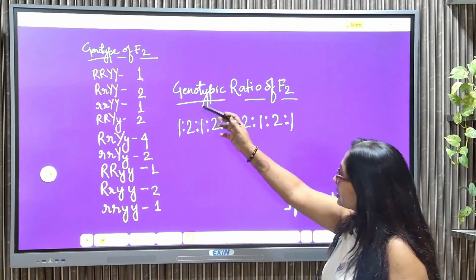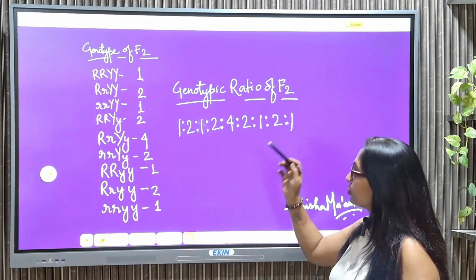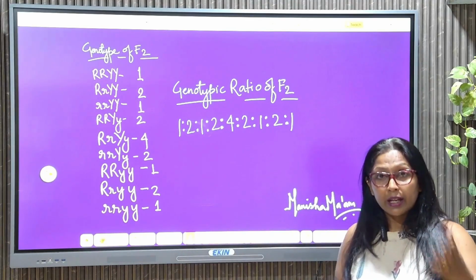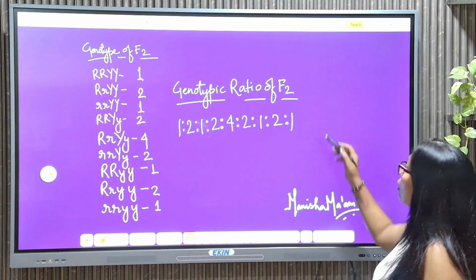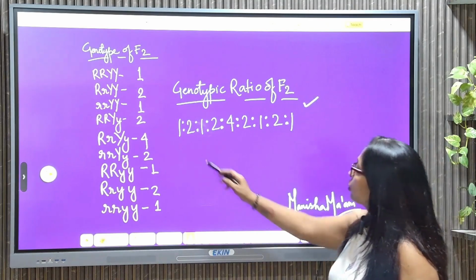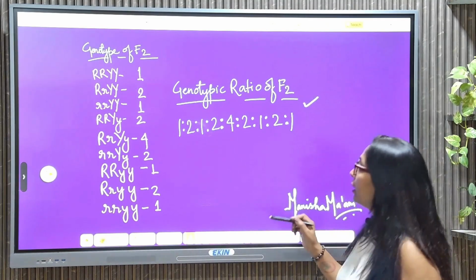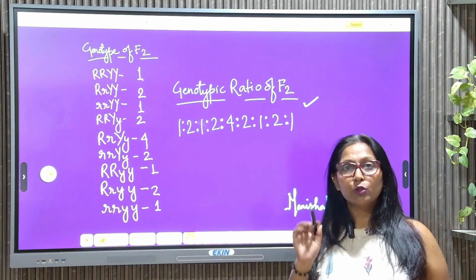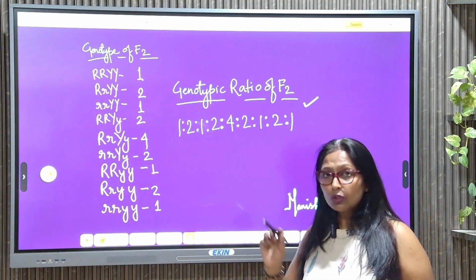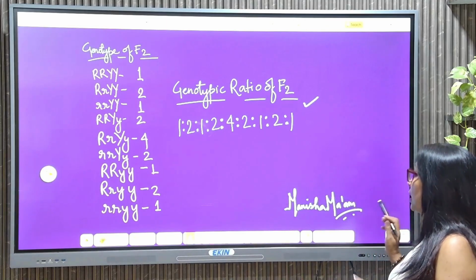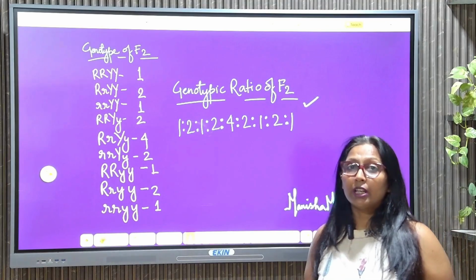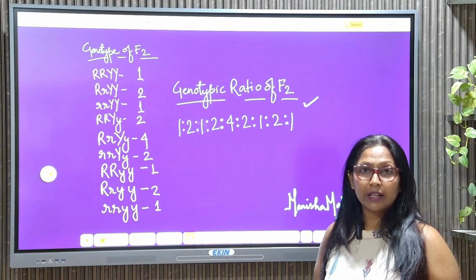And like in the same series, we have worked out each and every box and found these numbers. And hence the genotypic ratio of the F2 generation appears to be 1:2:1:4:2:1:2:1:1.